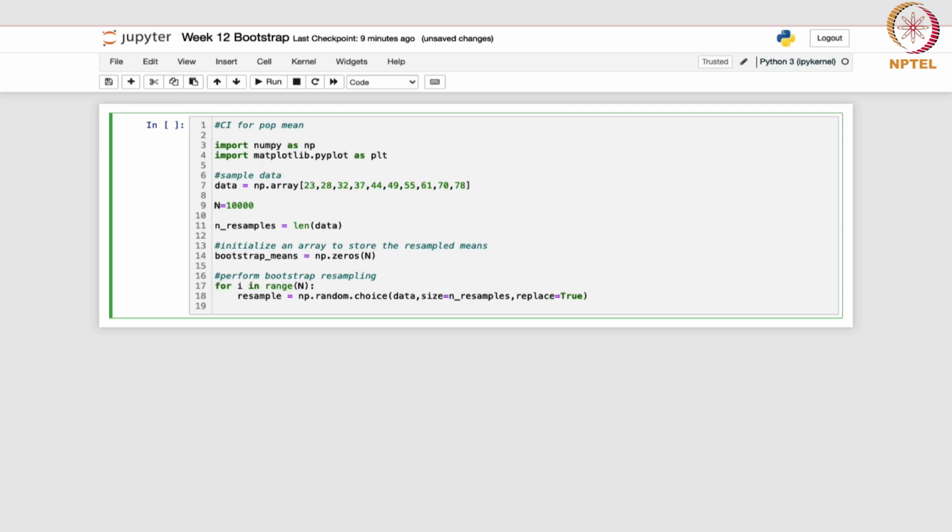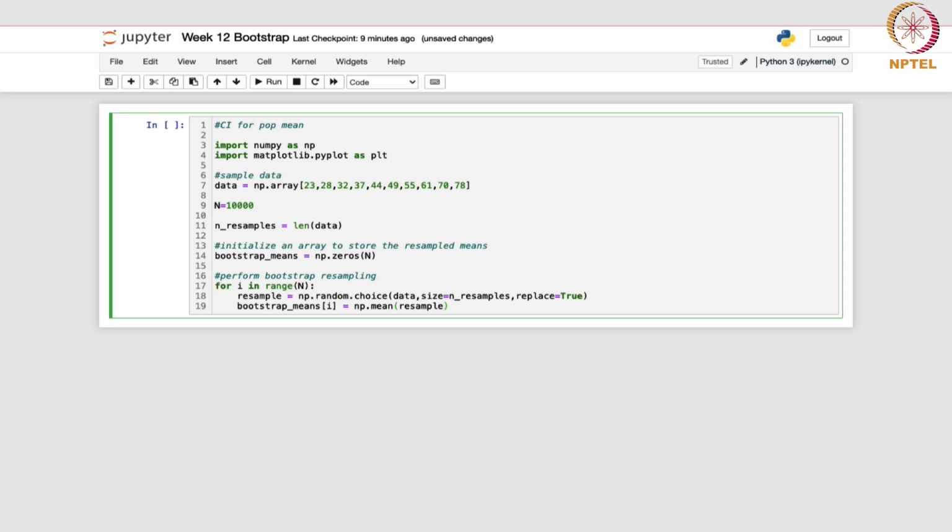Now you will calculate the mean of the resampled data. For this we will write bootstrap_means[i] equal to np.mean of the resample.